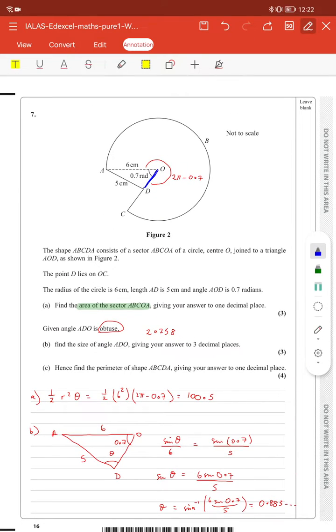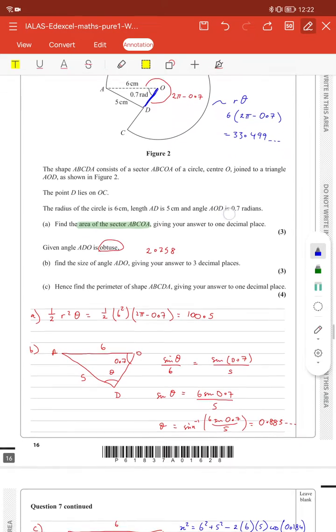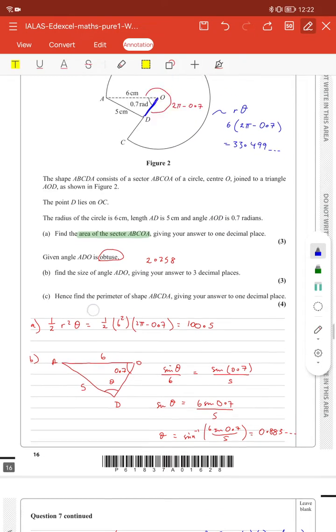And if we want to find out the length of A to C going round the circle, remember that's just r theta, which should be 6 times 2 pi minus 0.7, which would be 33.499, and so on. Now we can simply add up all the values.